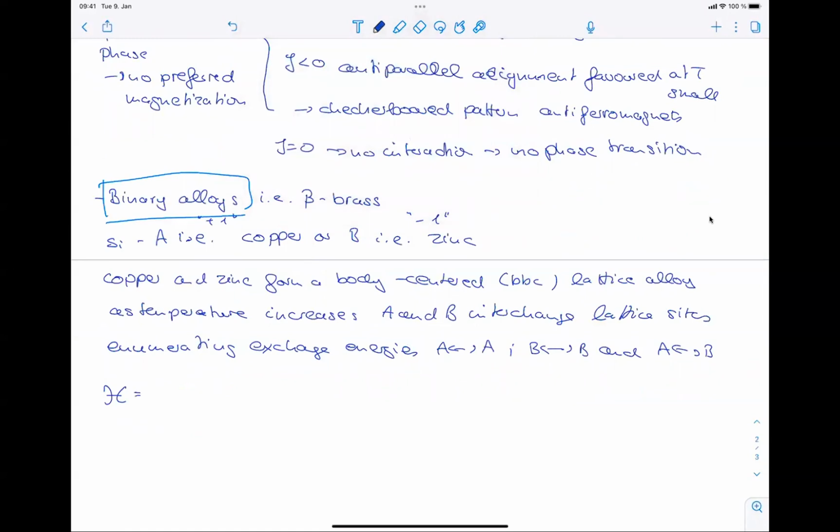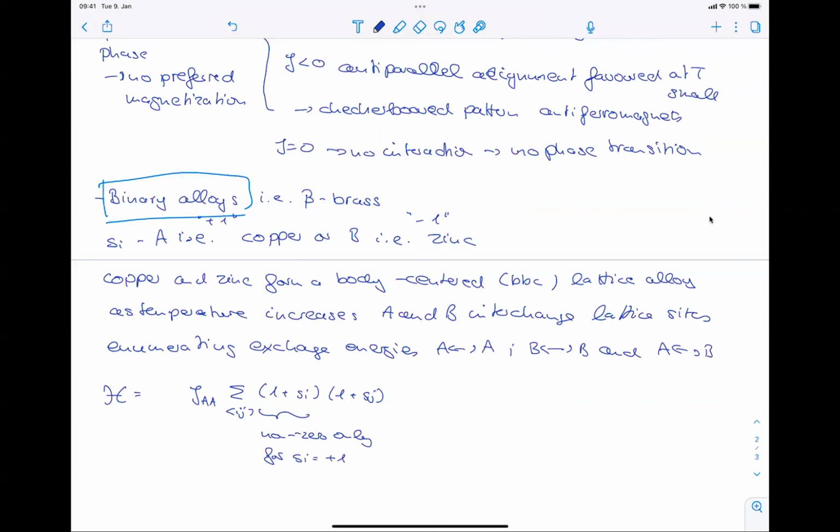My Hamiltonian becomes, I have now an interaction for A and A, which again, I enumerate over nearest neighbors, and I write as (1 + Si)(1 + Sj), meaning that this term is non-zero only for Si equal +1, right?